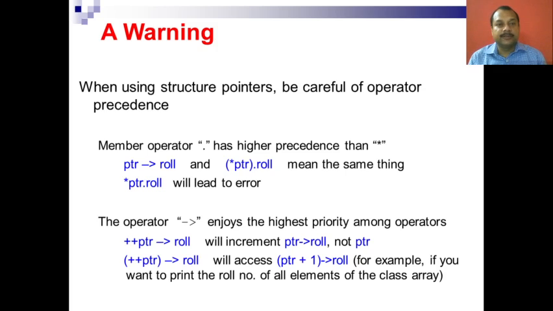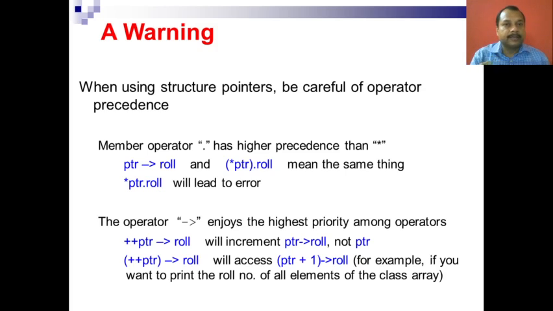Simple in the sense, you know that if there is more than one operator, then definitely the operator with the higher precedence will be executed first. Like if there is a plus b multiplied with c, then b multiplied with c will be evaluated first, then it will be added with a.